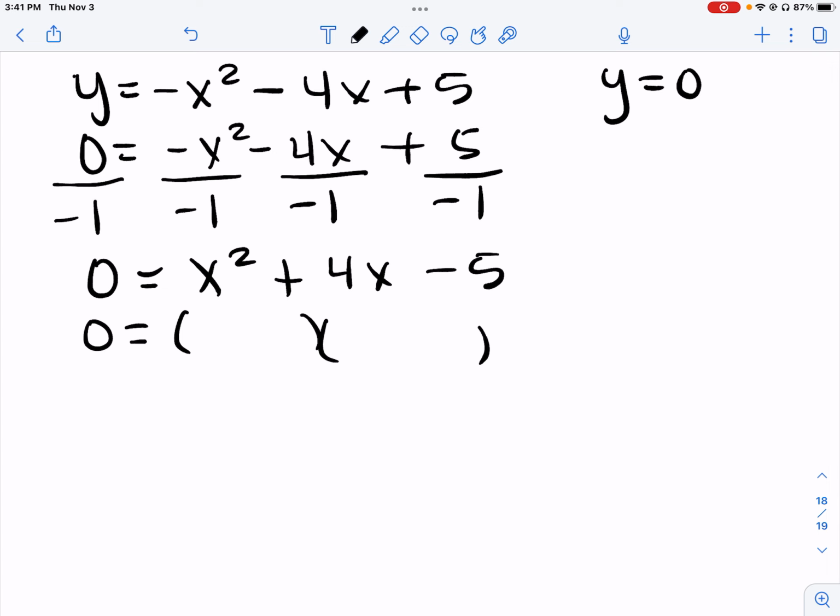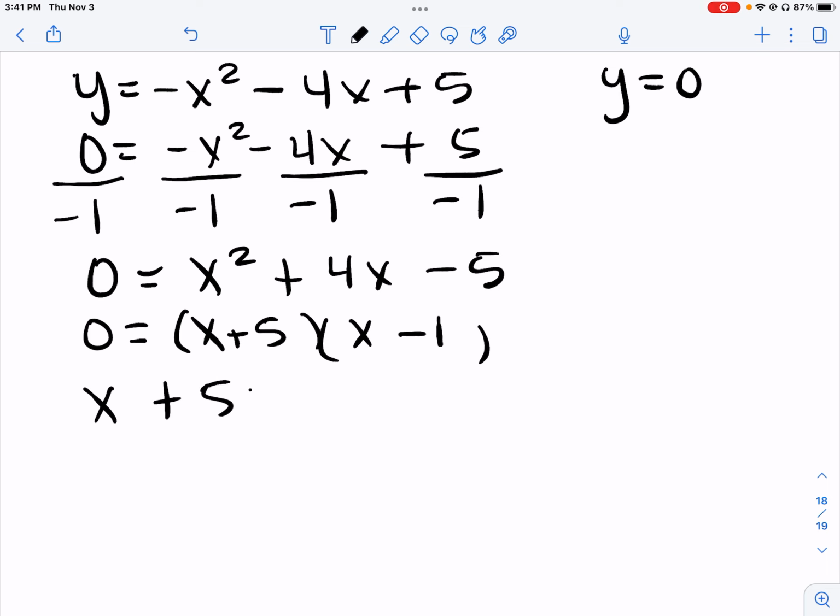Okay, remember, work smarter, not harder. Multiply to negative 5, add to 4, would be 5 and minus 1. Okay, minus 5 and add 1.